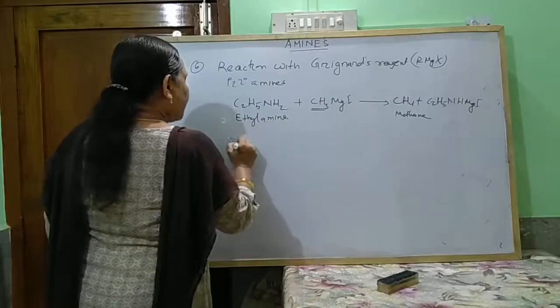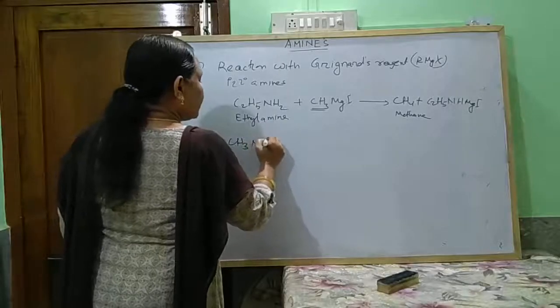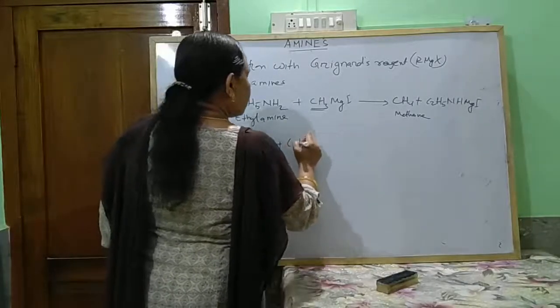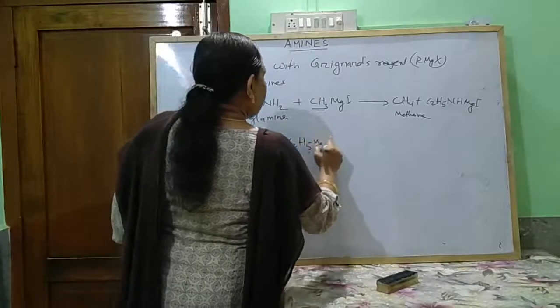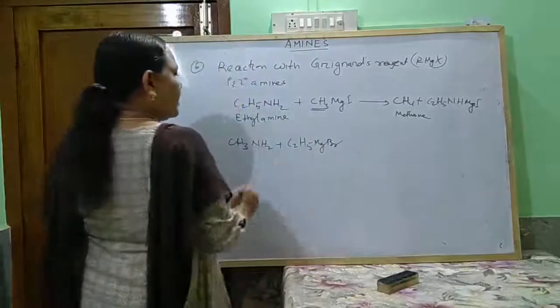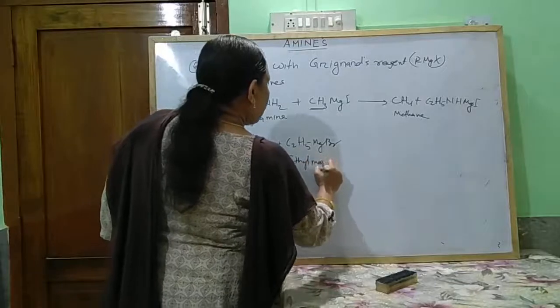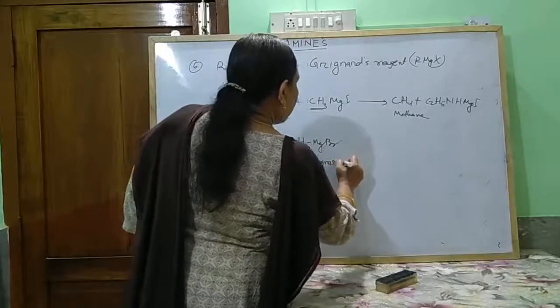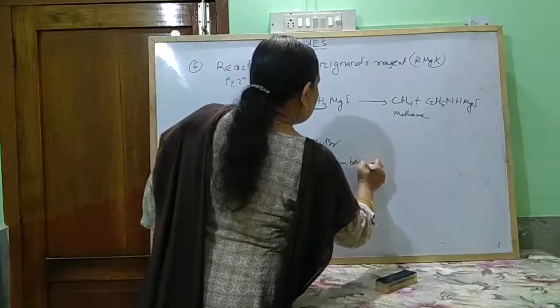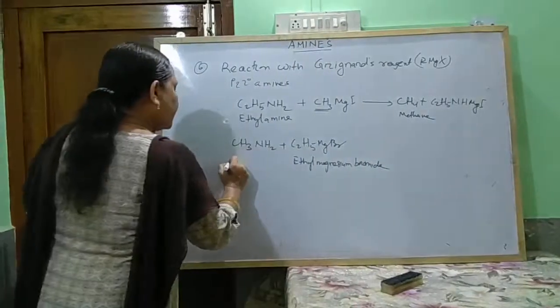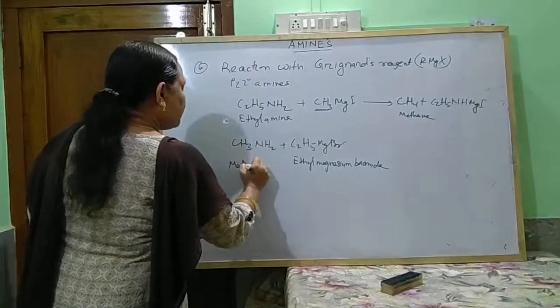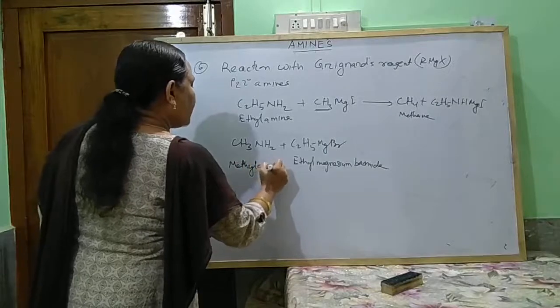If you take methylamine, CH3NH2 plus C2H5MgBr, ethyl magnesium bromide, and this is methylamine.